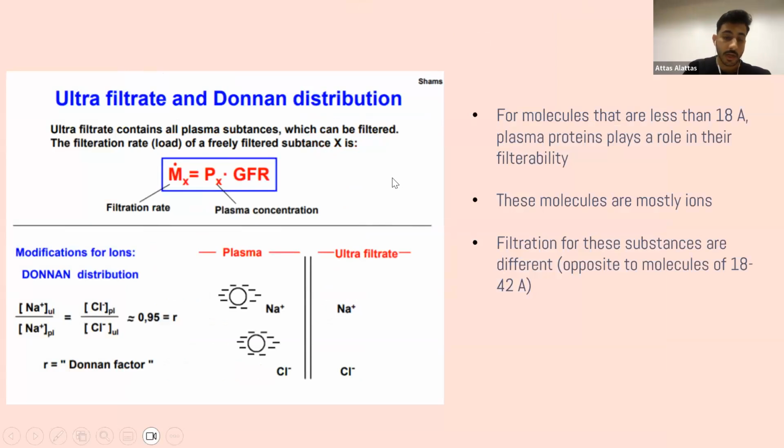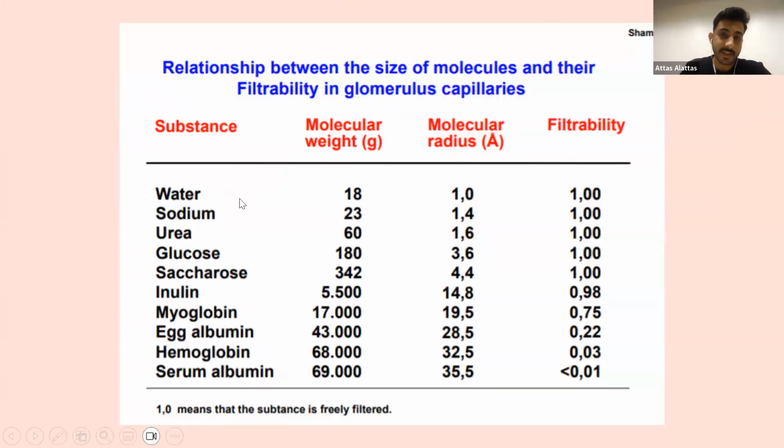Look at the molecular radius. We said that substances below 18 are freely filtered. And you'll notice that until inulin, the filterability or the filtration rate for this molecule is almost 1 or 100%.